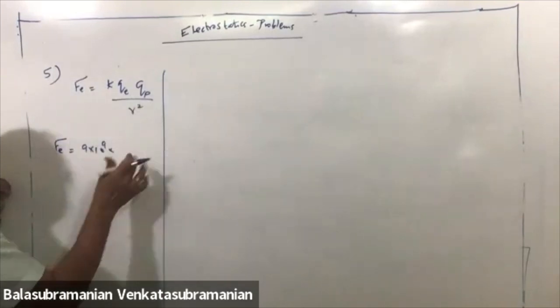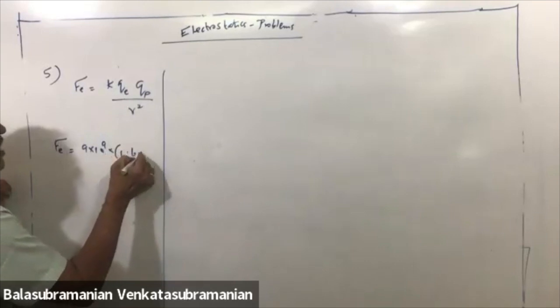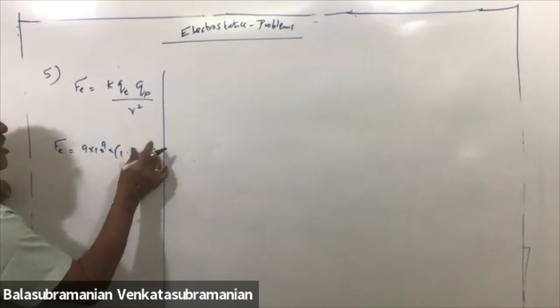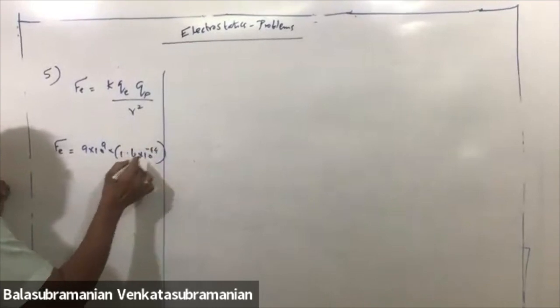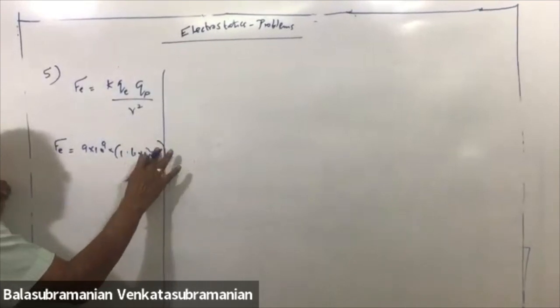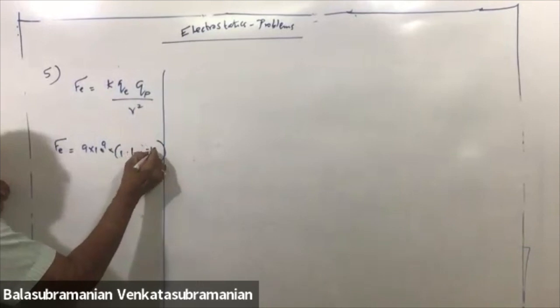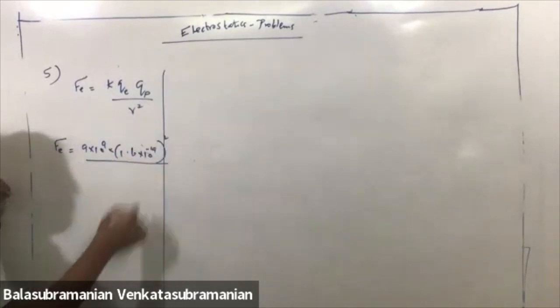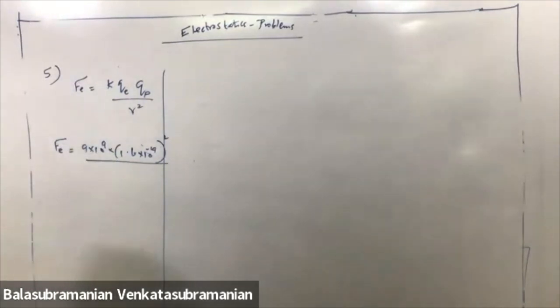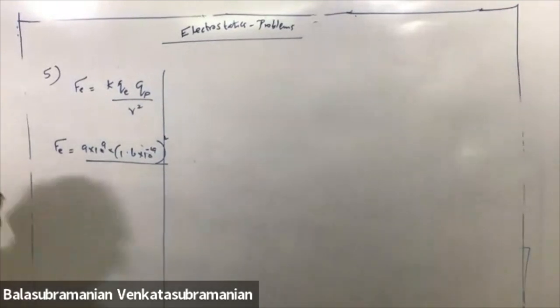QE, QP, charge of an electron, charge of a proton. Magnitude wise same. Electron means minus sign will come here, that's all. Whole square. By distance square. Distance is 5.3 into 10 power minus 11.